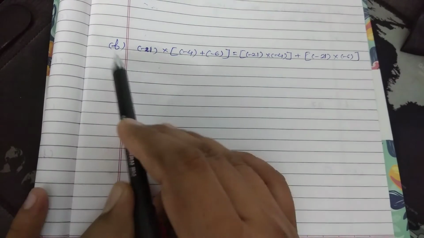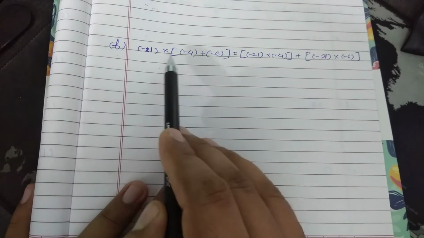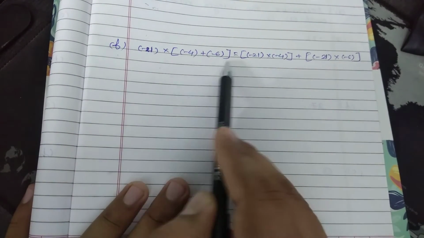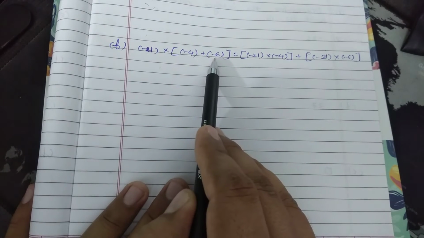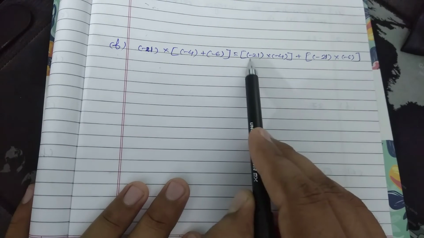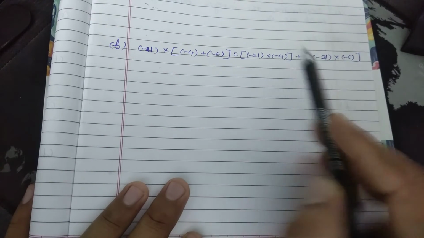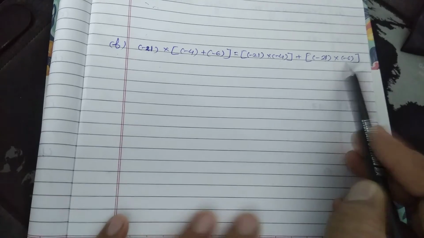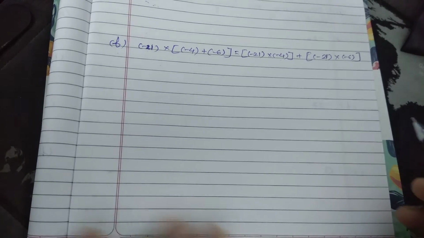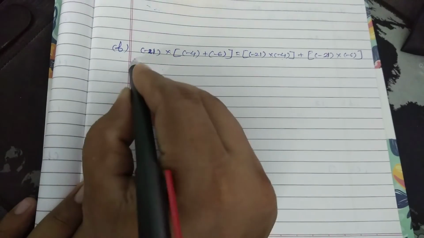Next, sum B: minus 21 multiplied by (minus 4 plus minus 6) is equal to (minus 21 multiplied by minus 4) plus (minus 21 multiplied by minus 6). Here also we will verify in the same manner.